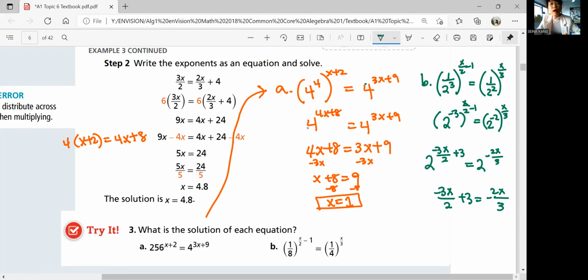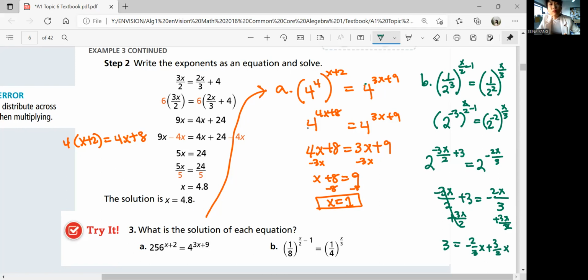And so add 3x over 2 on both sides. And then you can get rid of that. That's 0. And 3 is equal to negative 2 over 3x plus 3 over 2x.